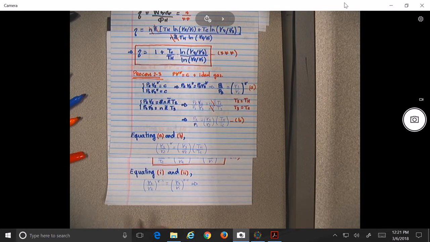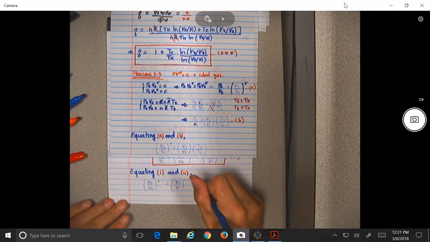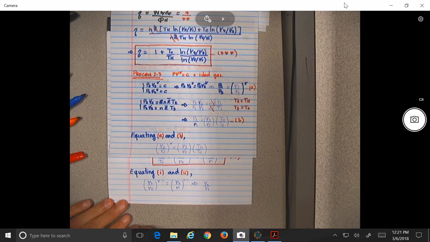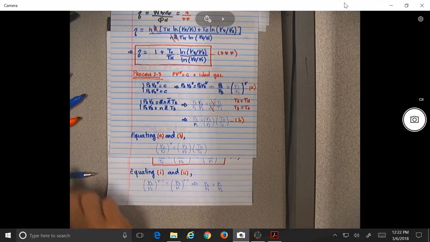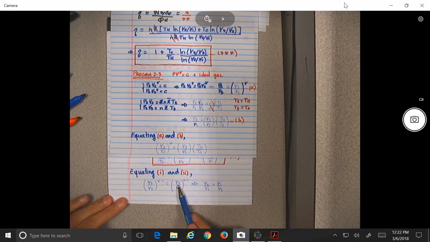So from this equation, what can we say? V4 over V3 will be equal to V1 over V2.